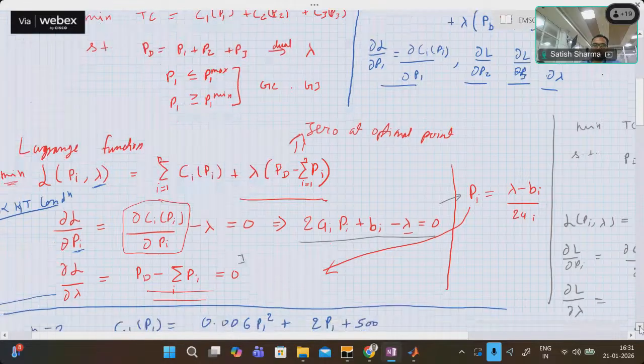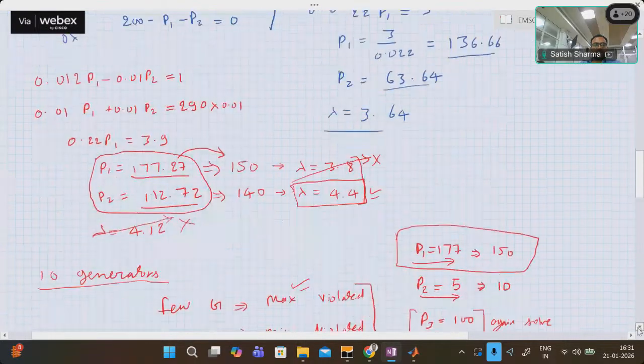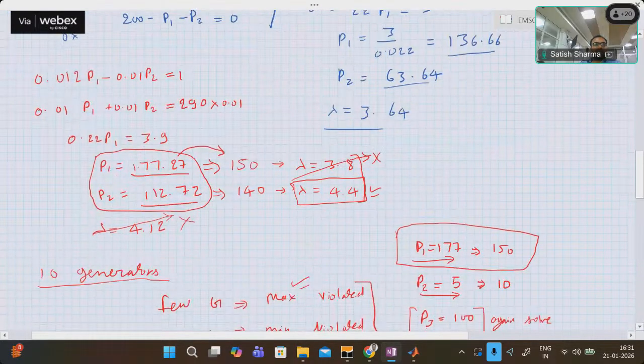But we also discussed earlier in the morning that if we change the power production, then for this two generator example, the upper limit was violated, so we fixed it to 50, and if I put this 50 in the upper equation, lambda was coming out equal to 3.8. So whenever the limit is violated, its incremental cost is no longer equal to lambda. So this is 3.8, but for the second generator, the limit is still within the range.